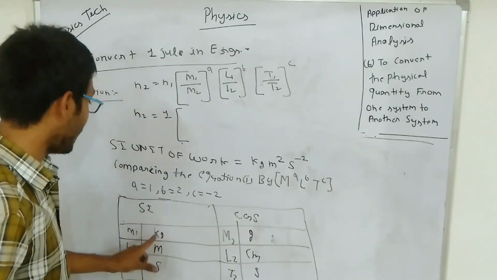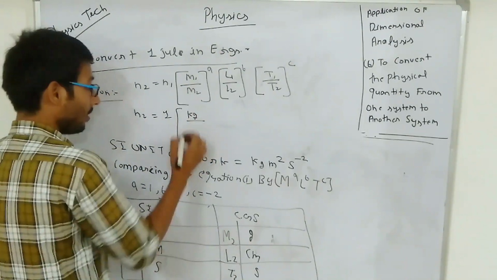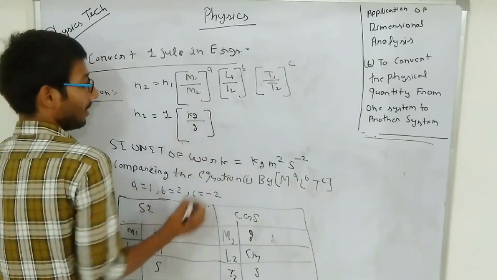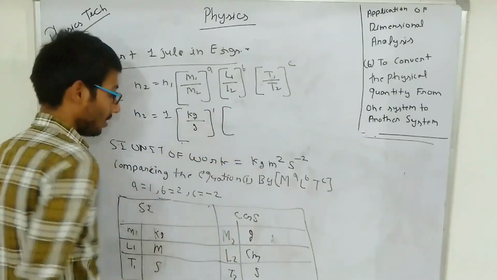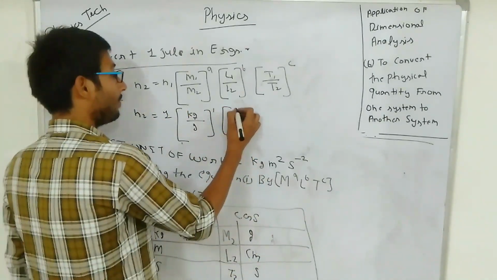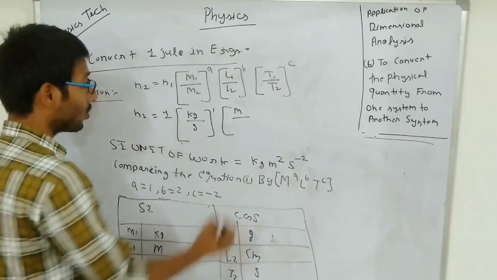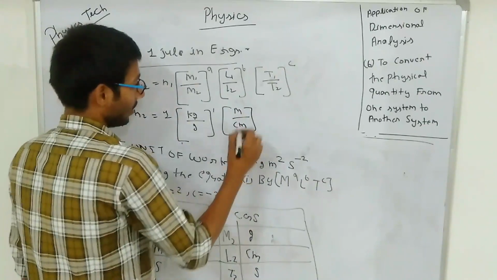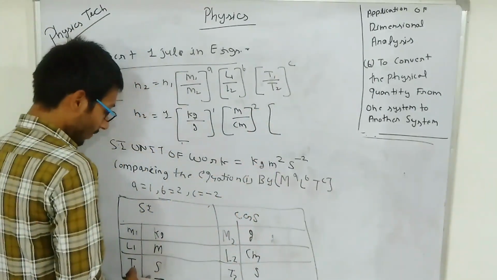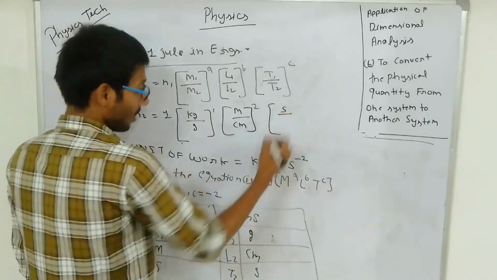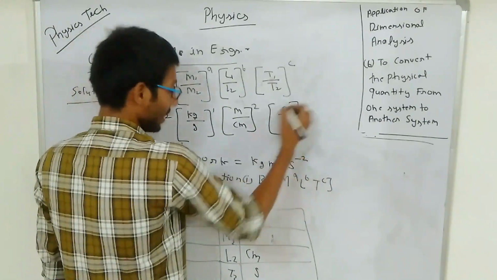The value of M1 is kg upon M2 is gram, to the power A, which is 1. L1 is meter upon L2 centimeter, to the power 2, and T1 is second upon T2 also second, to the power C, which is minus 2.